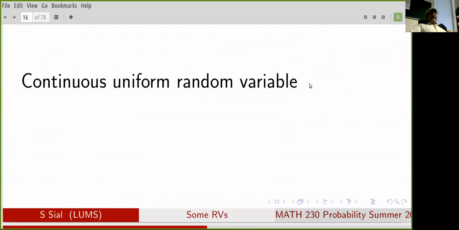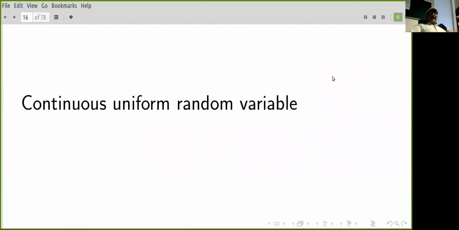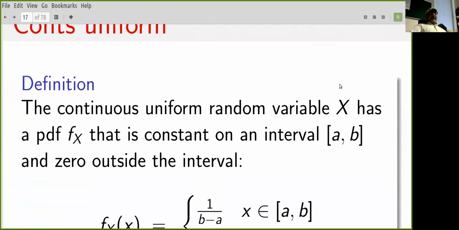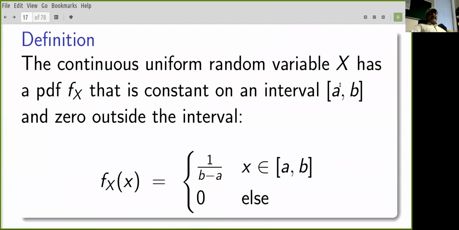Okay, there's an analogous thing in the continuous case, the continuous uniform random variable, and this has this form. This random variable has a PDF f sub x, and that f sub x is constant on the closed interval from a to b, and it's 0 outside the interval.